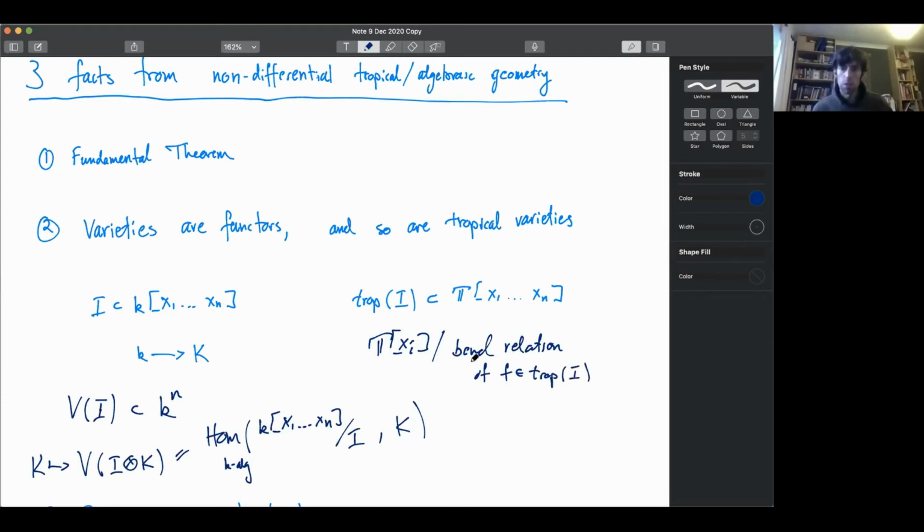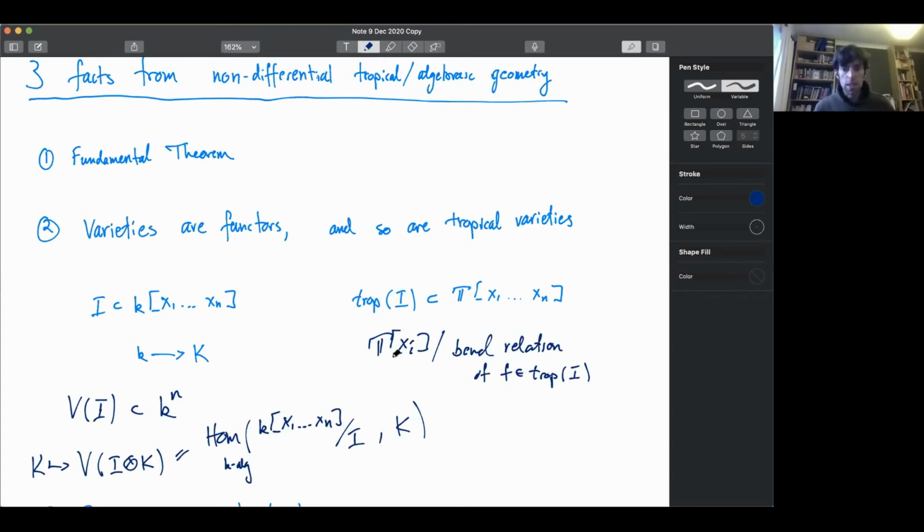So this is a certain congruence that we build, which enforces this relation that all of these f's have to tropically vanish. They have to satisfy that you delete any one term without changing the value of the thing. So f is equivalent to all of its single term deletions.